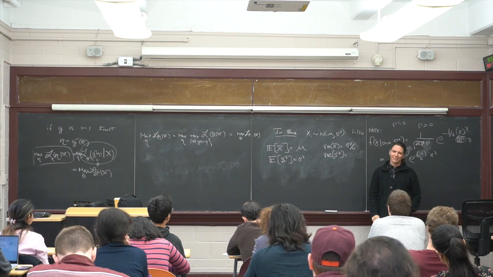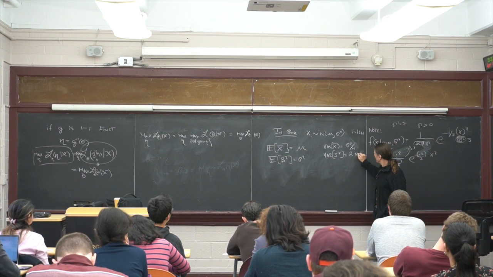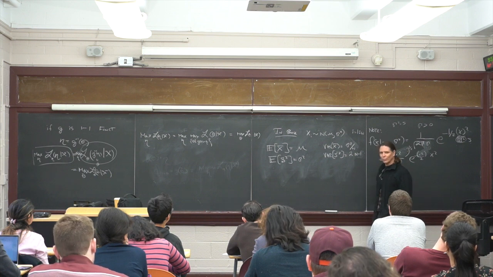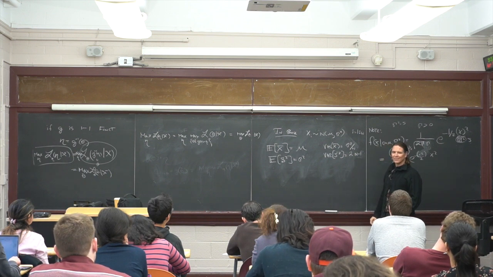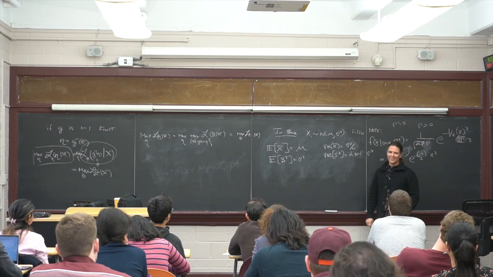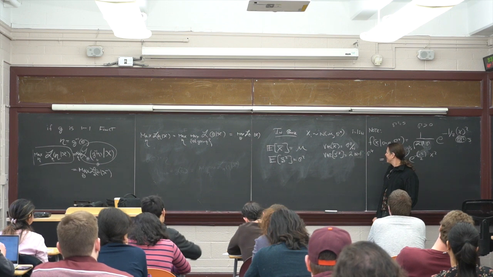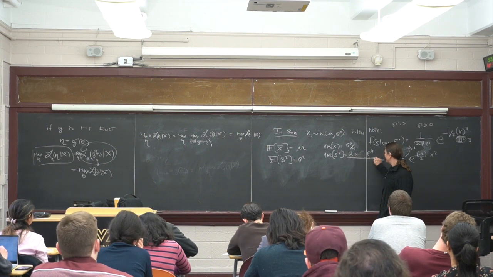What's the variance of S squared? 2n minus 1? Sigma to the 4 somewhere. There's something in the denominator.